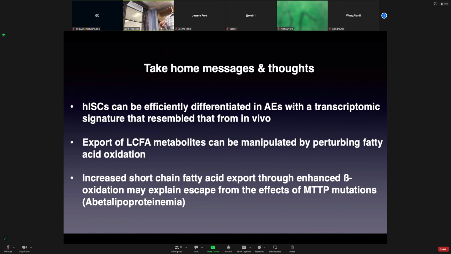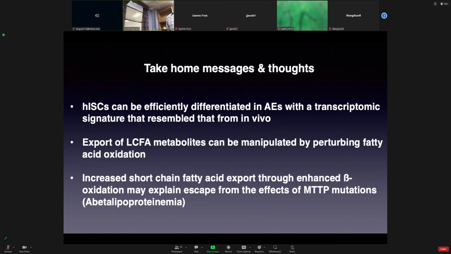So the take-home messages from this and some thoughts are that these human stem cells can be efficiently differentiated into absorptive enterocytes with a transcriptomic signature that resembles that from in vivo. Export of long-chain fatty acid metabolites can be manipulated by perturbing fatty acid oxidation. So this is, again, a drug targetable thing if that is of interest.